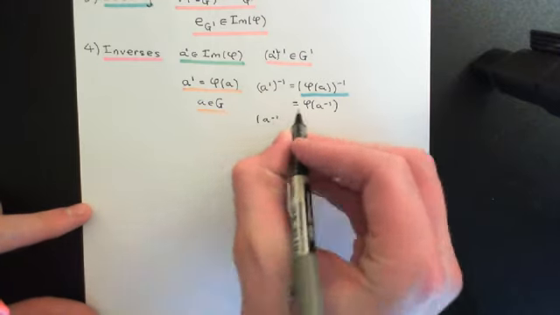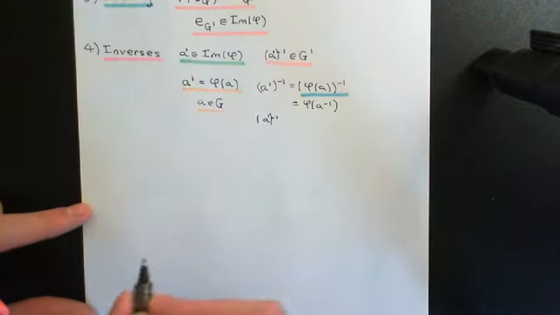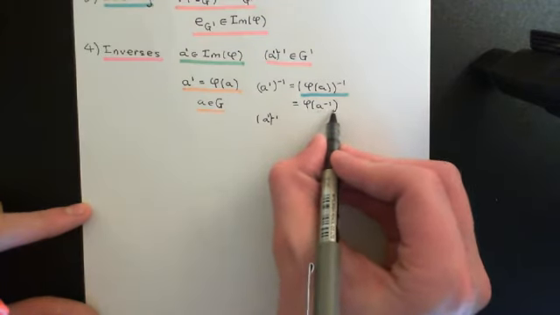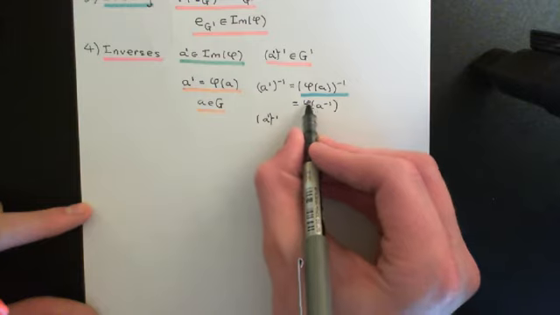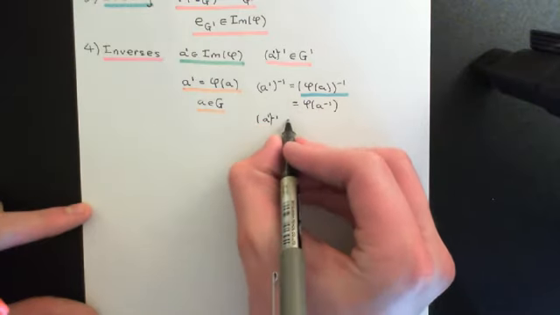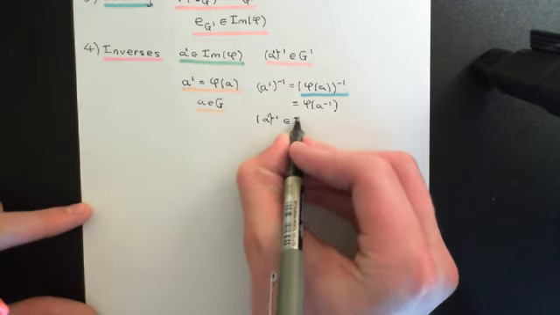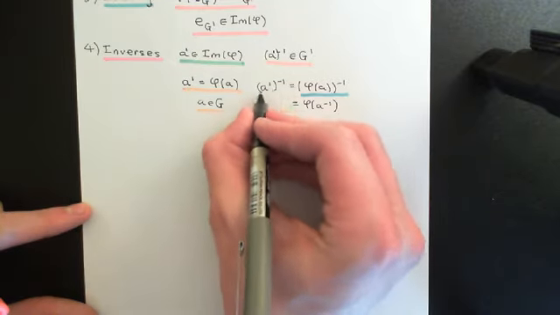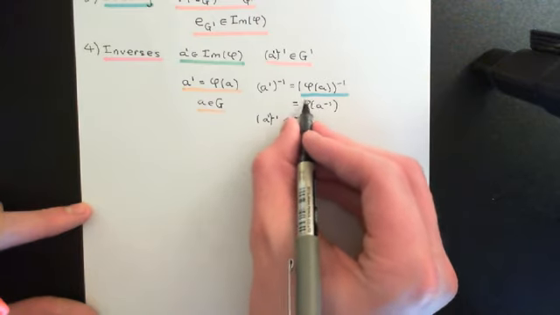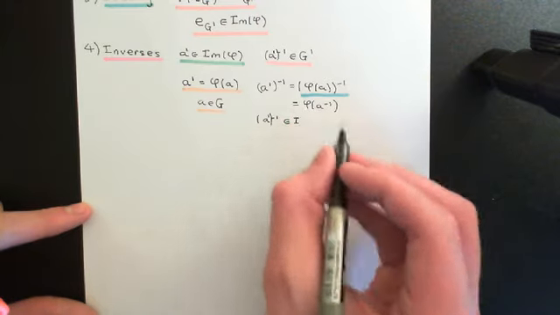Let me just put that in there. This is an element of the domain group, capital G, and we are taking phi of that to get little a prime's inverse. So that means this is some element in G mapped onto it with the homomorphism phi.